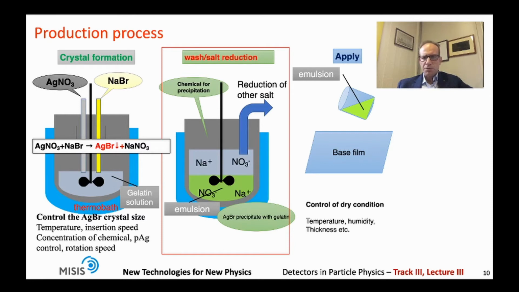gel is produced, which has to be poured on a support, a mechanical support frame, which is typically optically transparent in such a way that then you can put it on an optical microscope, and it can use either transmission illumination.